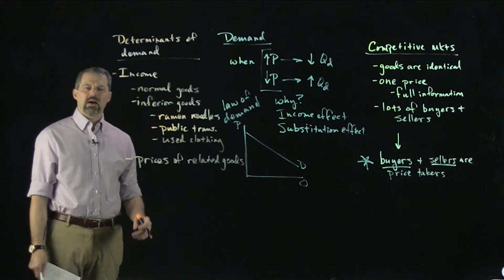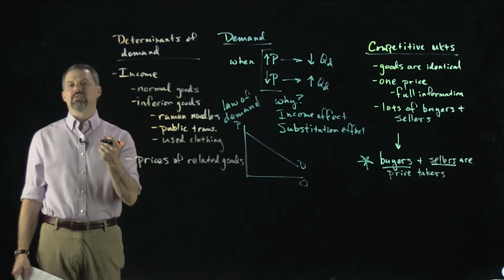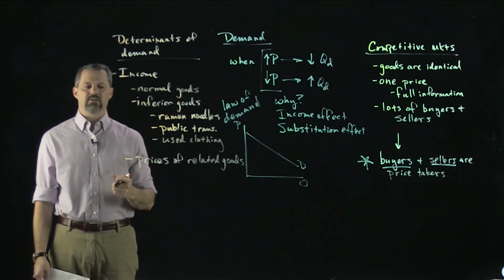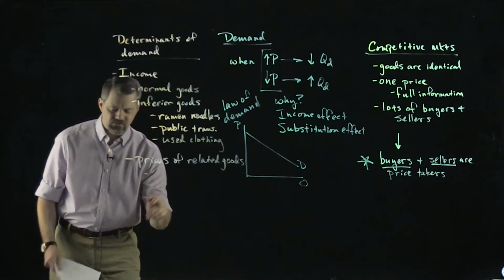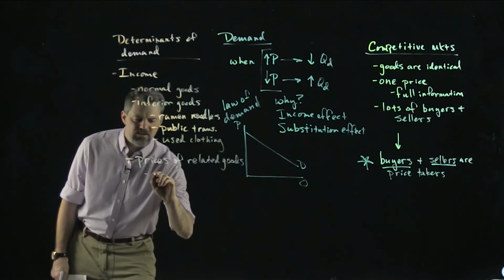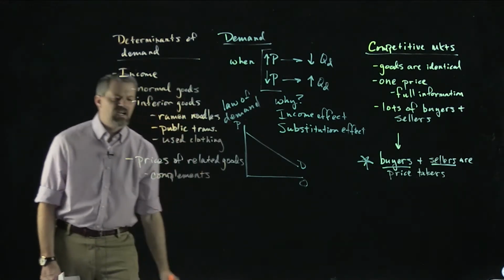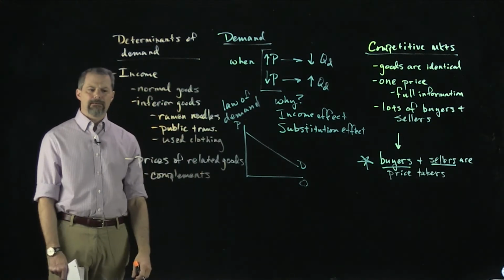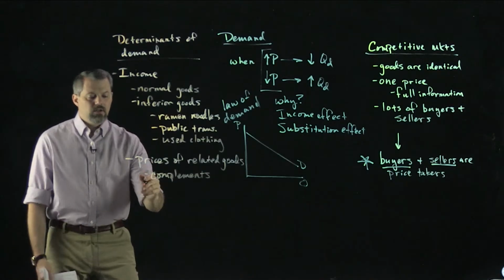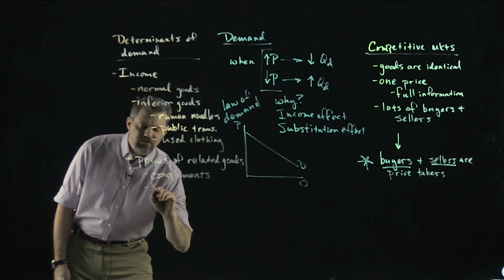So you might think about goods that you tend to consume together, jointly, like peanut butter and jelly. Those would be things that we describe as complements. Complementary goods.